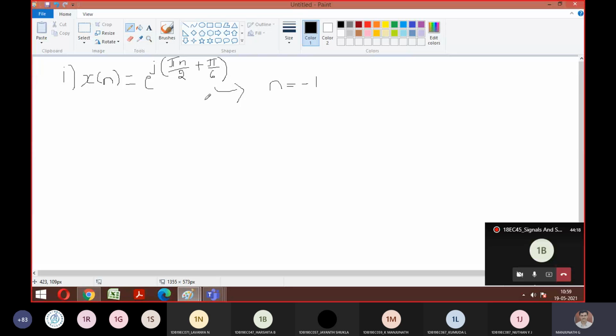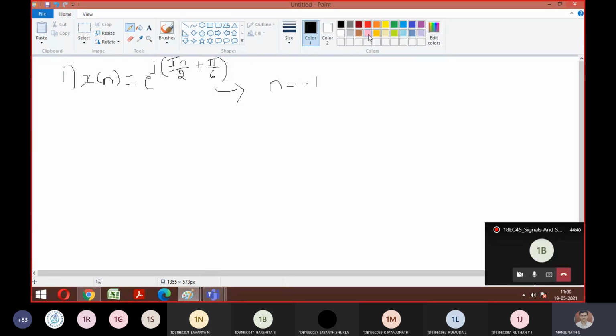Since it is given as generalized e power something, look at the previous problem I mentioned, where along with the exponential I had given a unit step function. There you got an analogy that it was of finite duration, but here it is not finite. It may have values for negative also, positive also.